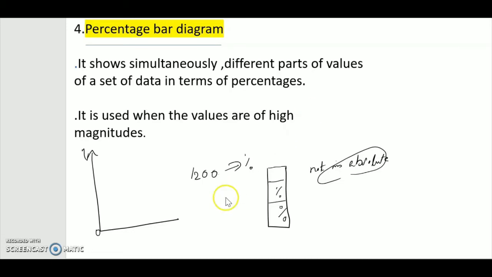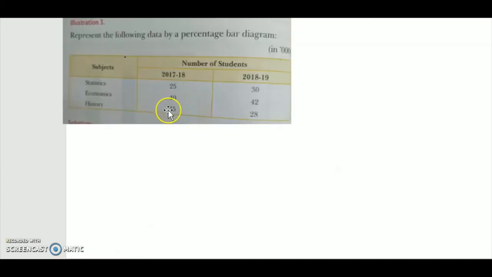So here I will explain this with the help of one example. Okay, we can see one table. Here you can see, represent the following data by a percentage bar diagram. The different subjects are given here with the total number of students in different years. Statistics 25 in 2017-18, and in 18-19 it was 30.